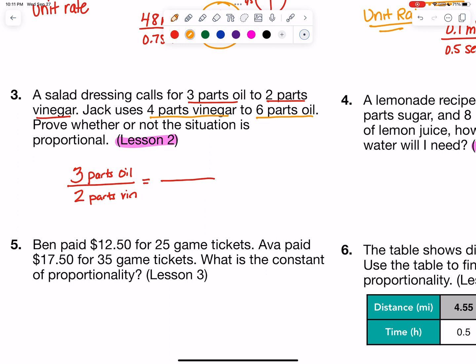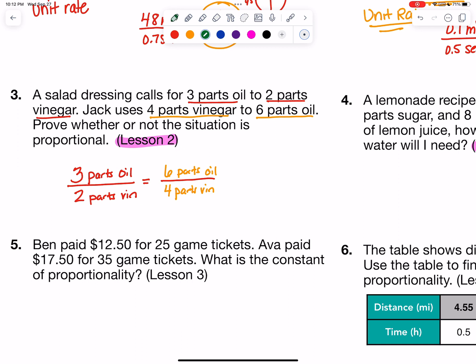So we have 4 parts vinegar. Oh, be careful, they're switching them here. Make sure you put them in the correct spot: to 6 parts oil. You need to be in the same numerator and denominator with the other one to compare them properly. We have a couple ways of determining if 2 ratios are equivalent or proportional.